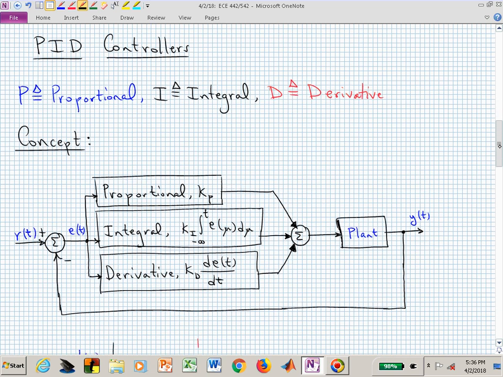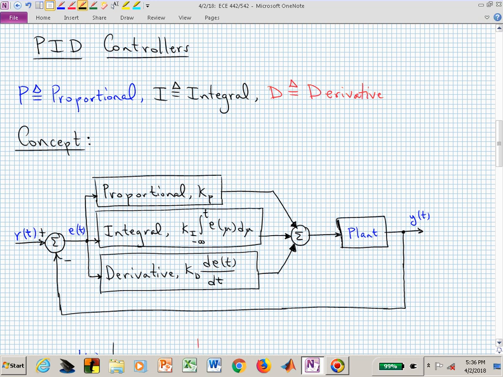Let's summarize what this PID controller looks like. One intuitive way to think about the PID controller is that it is made up of 3 different parts: a proportional piece, an integral piece, and a derivative piece, and that's where the P, the I, and the D come from. If you wanted to, you could start erasing some of these pieces in your PID controller.